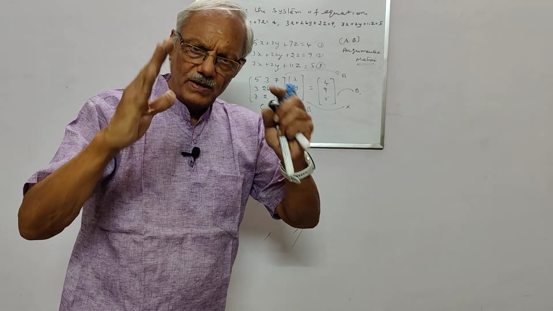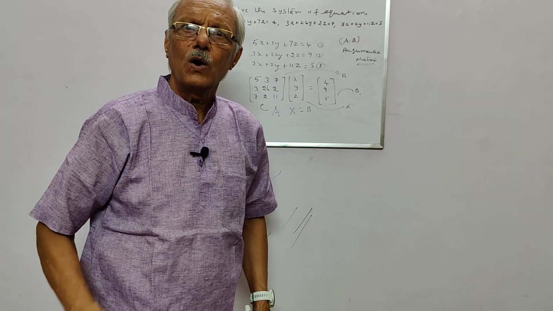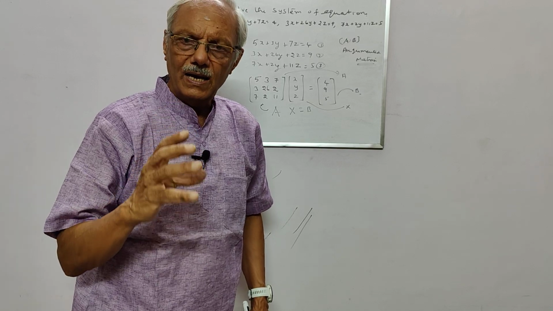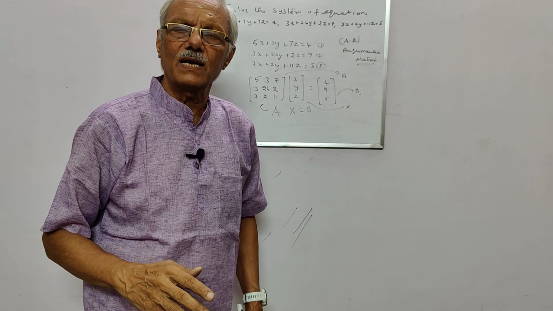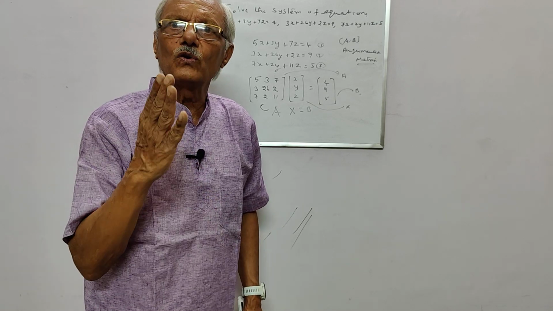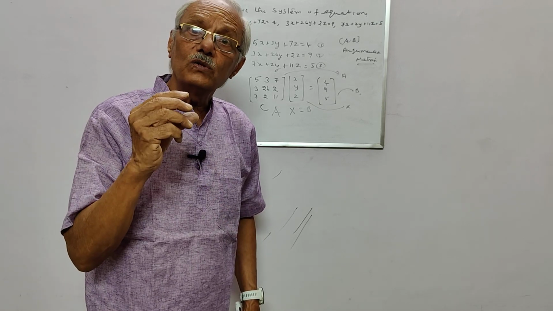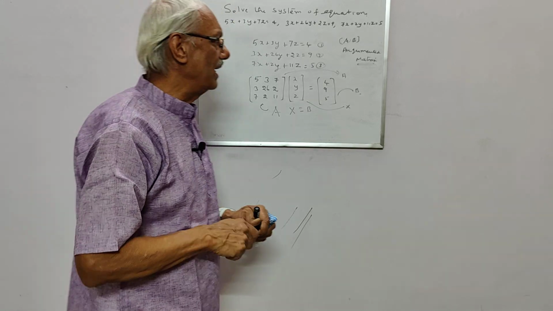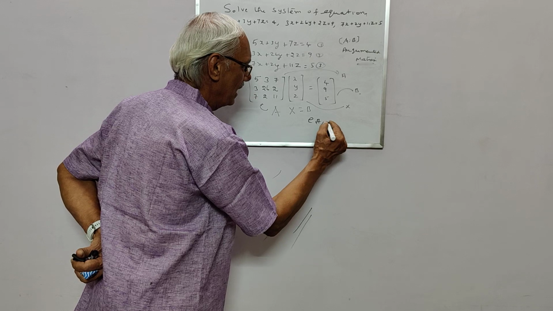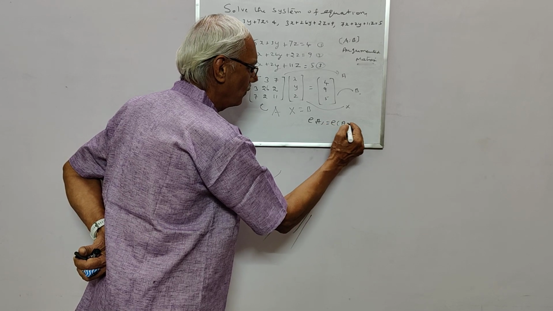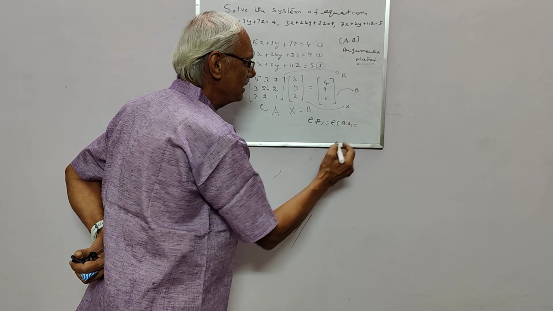Now take this augmented matrix and find out the rank. What is the meaning of finding out the rank? Just now I told you how to find the rank. Let us suppose that you are getting the rank of A equal to the rank of [A|B]. What does it mean?